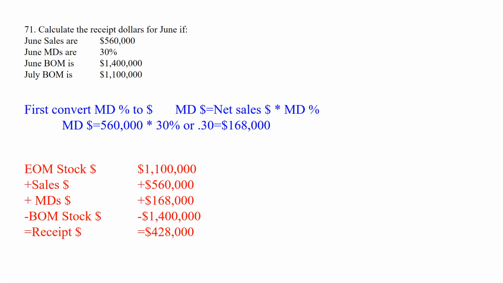It asks you to calculate the planned July purchases at cost. So leave the cost, just do the retail for now, and then I'll walk you through how to do the cost piece of it. So go ahead and do problem number 73.